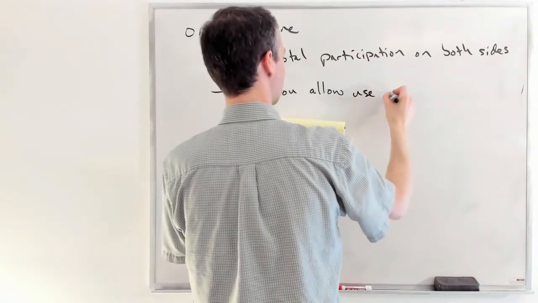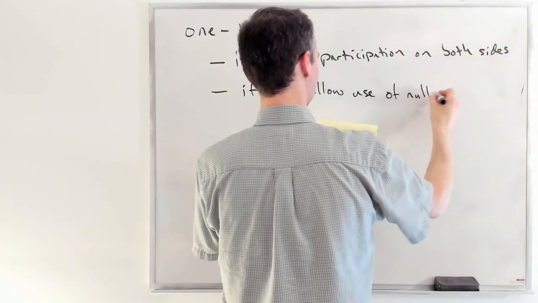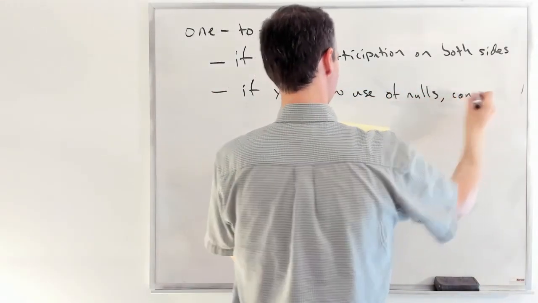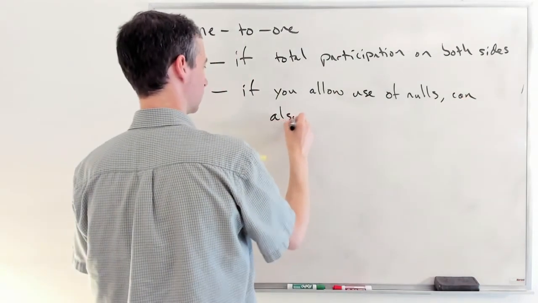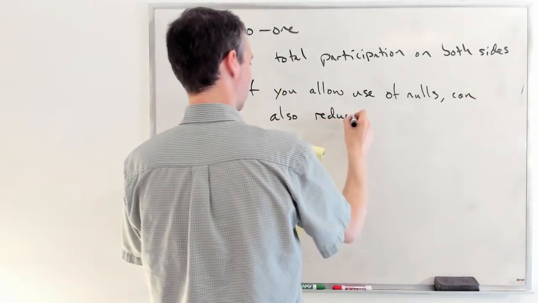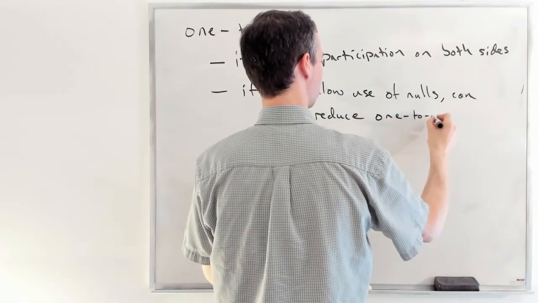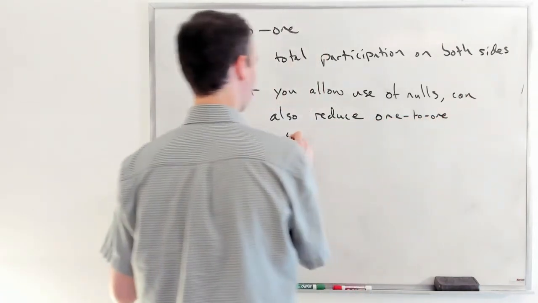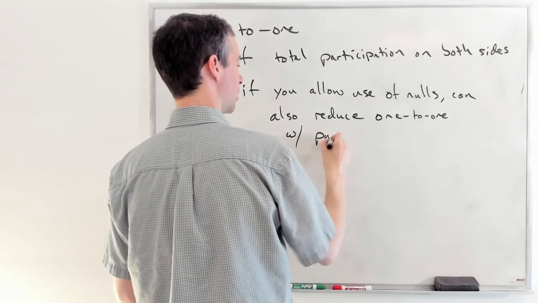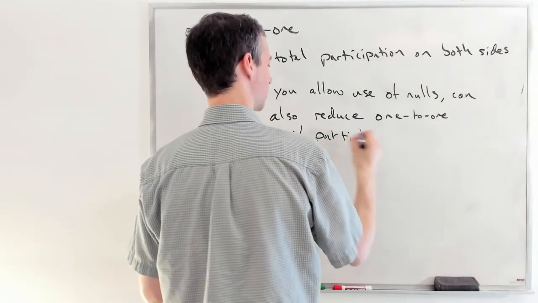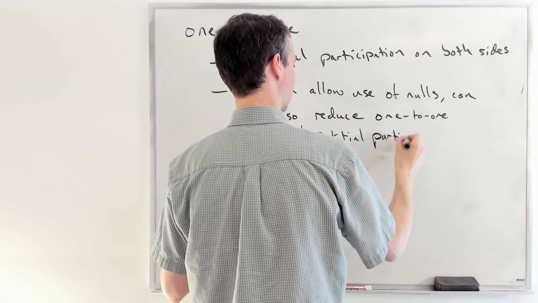Now, the book will note, as I just was talking about, that if you allow use of nulls, you can also reduce a one-to-one relationship that has partial participation in it.